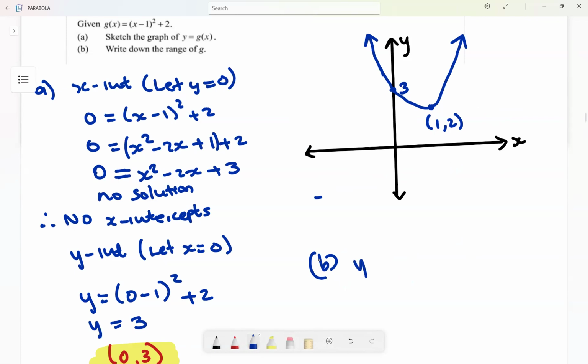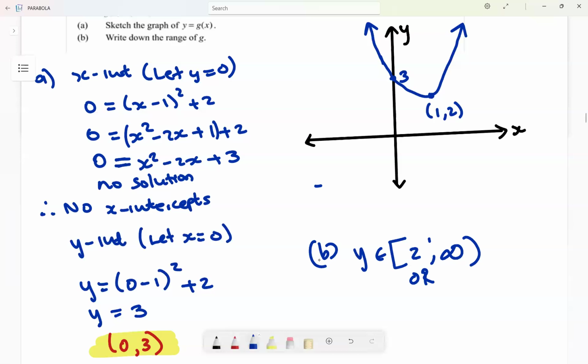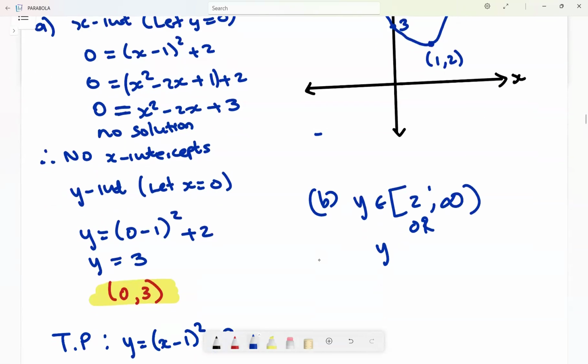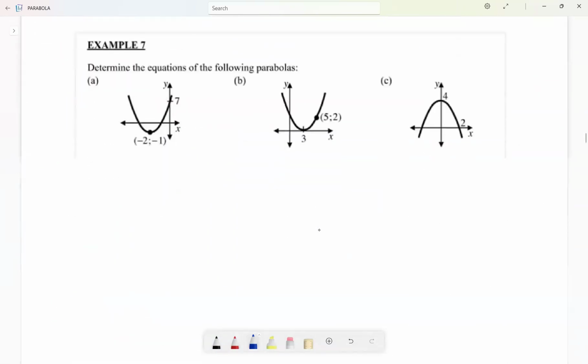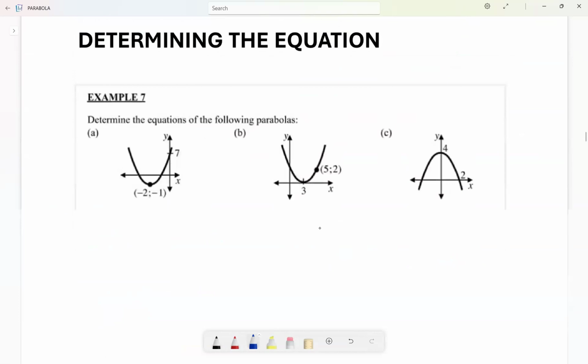So I'm going to say y is an element of, starting at 2 and ending at infinity. Or someone might say y is greater than or equal to 2, like that.